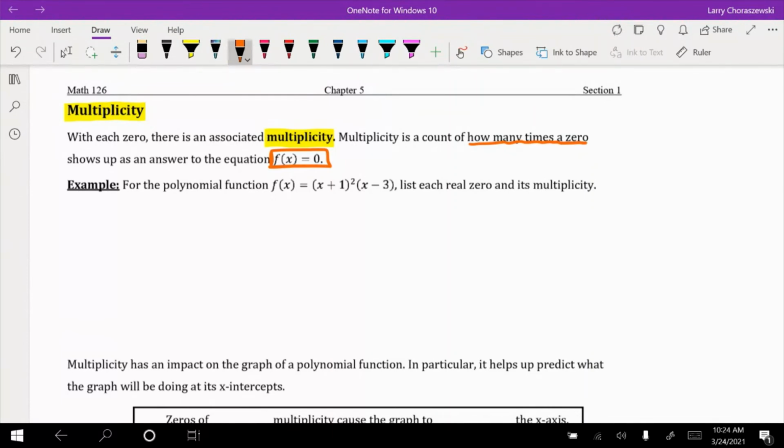So it says here, list each real zero and its multiplicity, and this will be a common setup for the rest of this section, as well as the ones that are coming up, 2 through 4. Anytime that we're trying to find a real zero of a polynomial function and it's given to us in an equation format, we set up the equation by writing f of x equals 0 and then replacing f of x with the expression it's equal to.